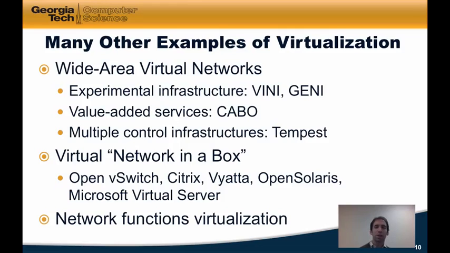Finally, another class of network virtualization that's gaining some traction is something called network functions virtualization. And the idea here is essentially the unification of middle box function. Presently, network operators have to purchase a variety of middle boxes, such as firewalls, load balancers, deep packet inspection boxes, and so forth.